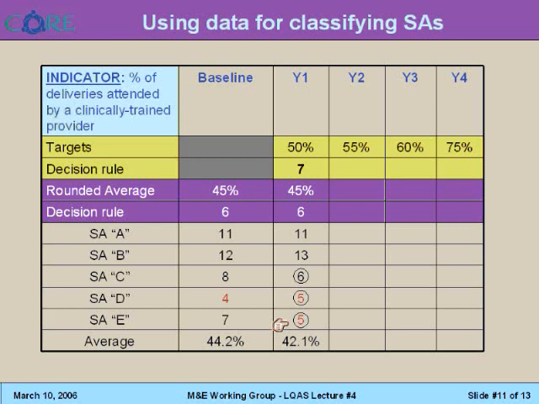Simply because we can see that the number of correct responses in each of these supervision areas, that is 5 in supervision area D and 5 in supervision area E, are below the decision rule for the average coverage, which is 6, but they are also below the decision rule for the target, which is 7.